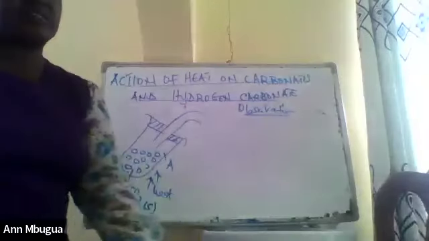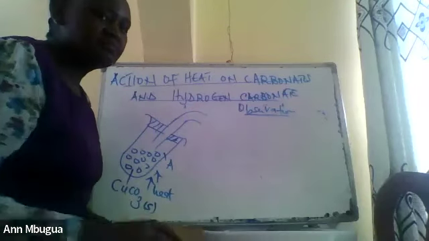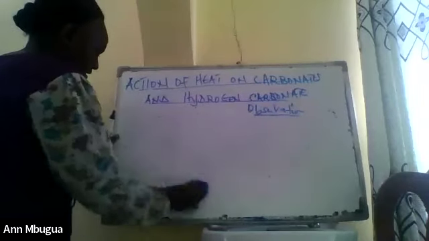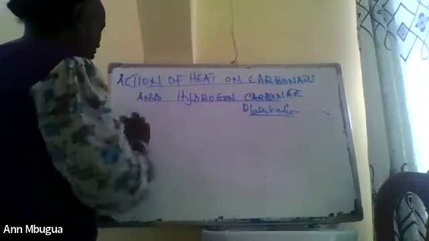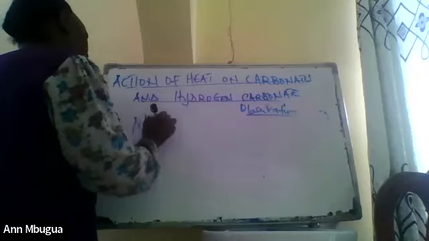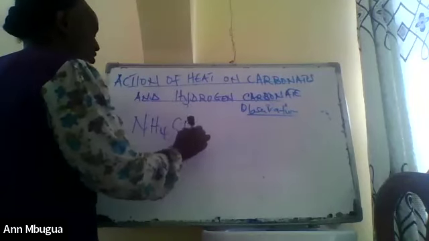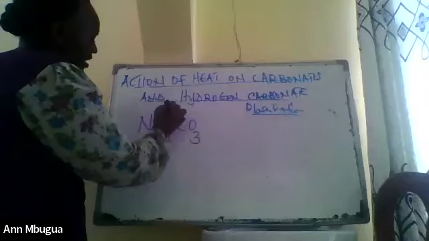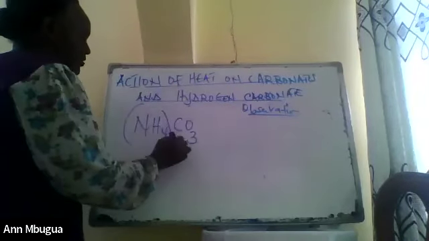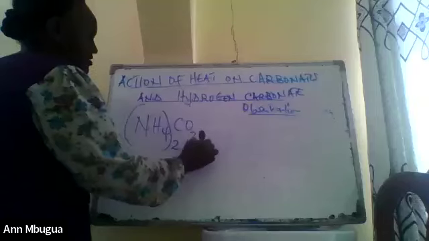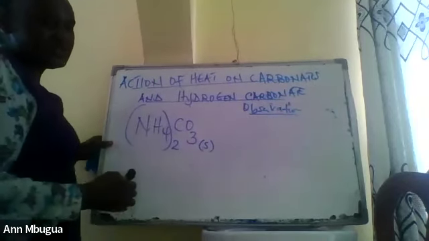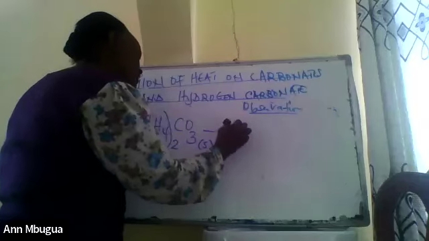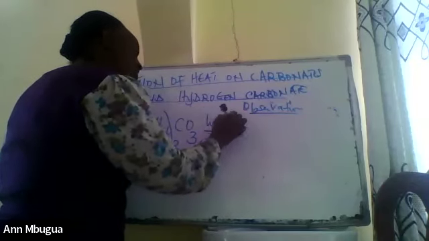So this is what happens if it is ammonium carbonate that is being heated. Ammonium has a valency of 1, while carbonate has a valency of 2. So that is the correct chemical formula for ammonium carbonate.